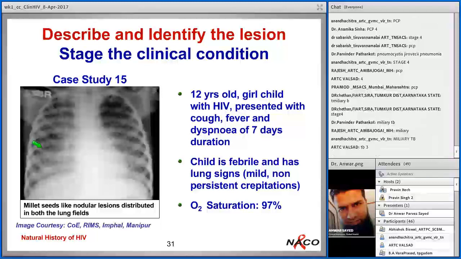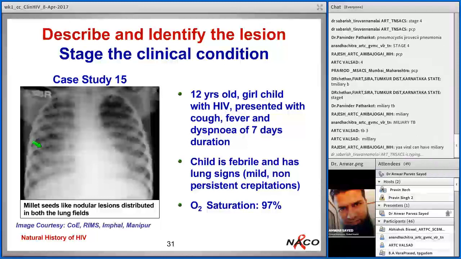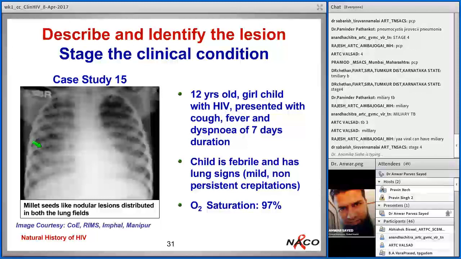See here, the CD4 count will guide you in making the diagnosis. We'll go into details of this in the OI sessions, but if the CD4 is low and you see patients with all this, you can interpret it as PCP, especially when oxygen saturation is dropping like this.